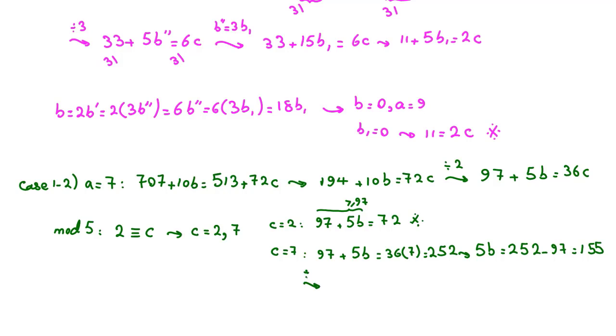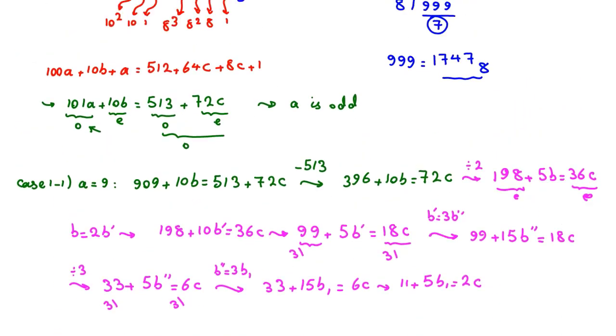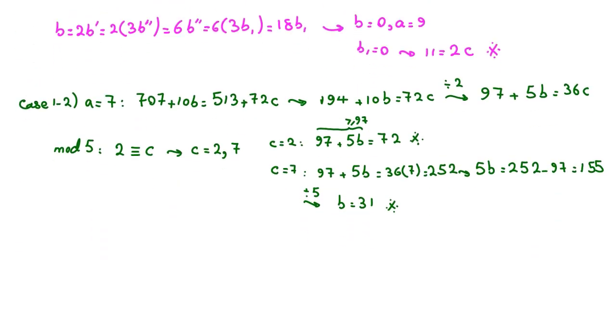If you divide both sides by 5, b equals 31. Okay, b is much too large, because b is a digit. It should be between 0 and 9. It's in base 10. So case 1, a = 9 and case 1-2, a = 7 we've checked.